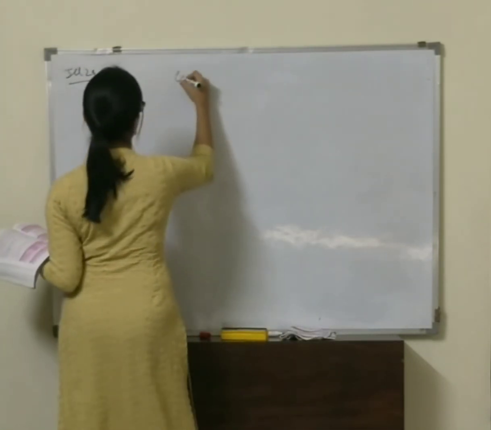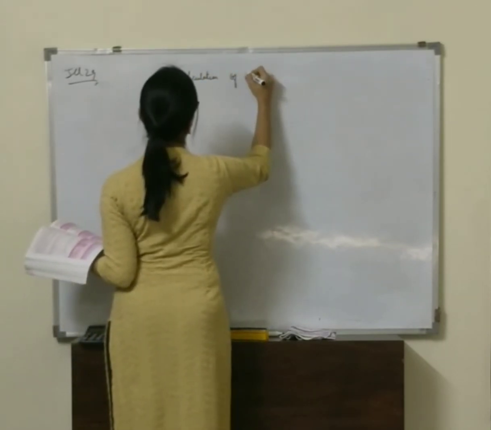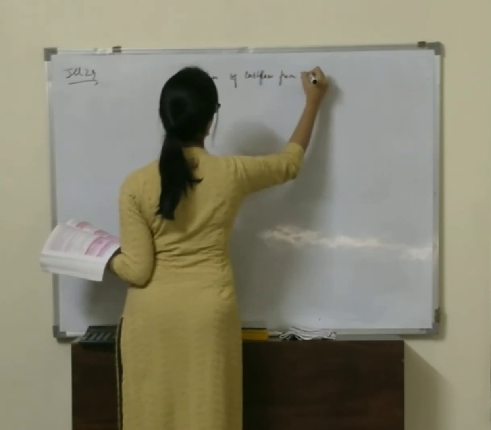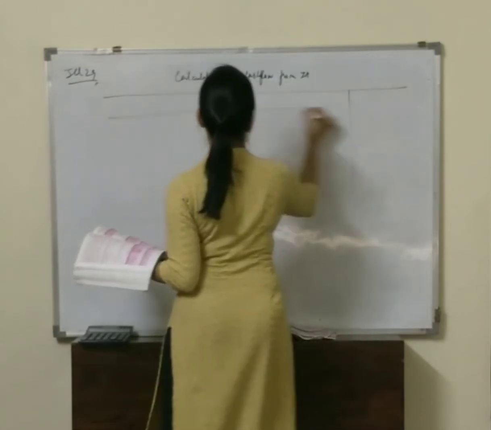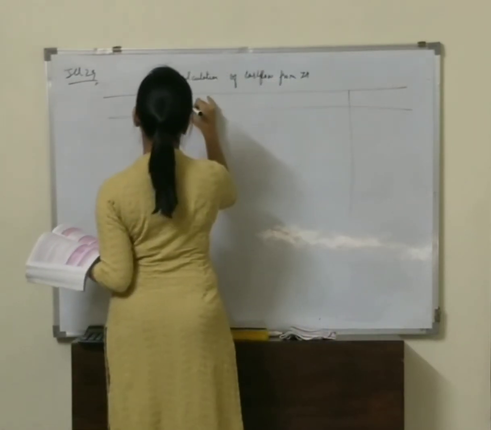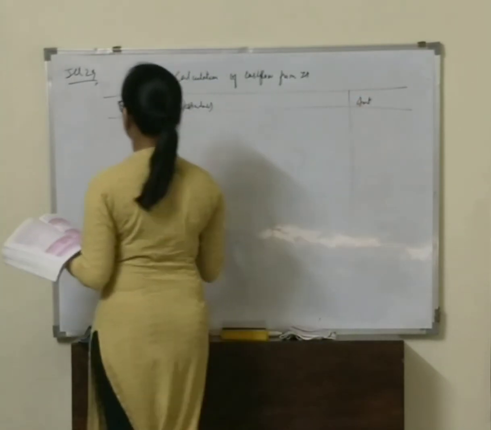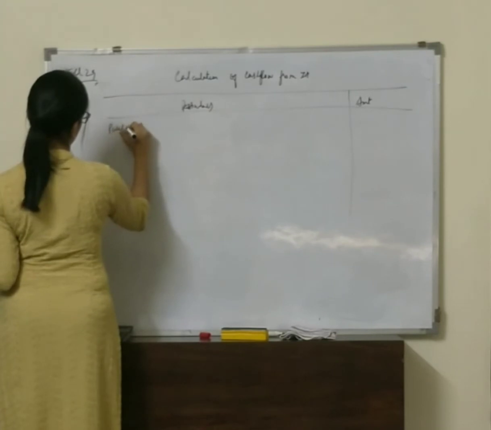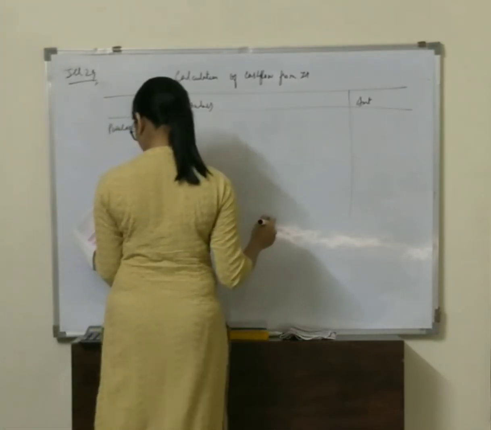The last thing is to calculate cash flow from investing activities. Particulars and amount. So first we have purchase of plant and machinery in the debit side of your ledger account.